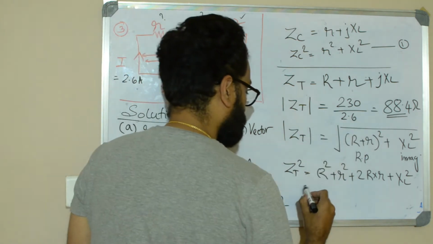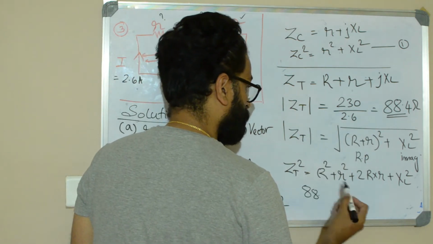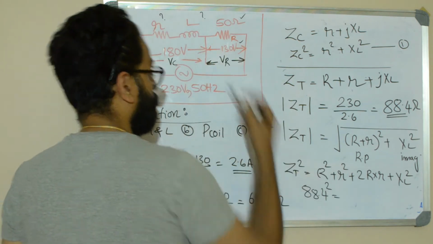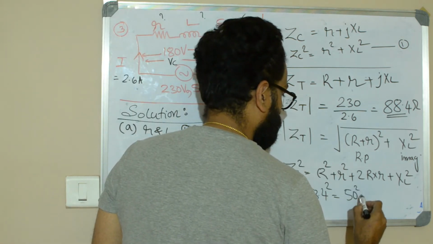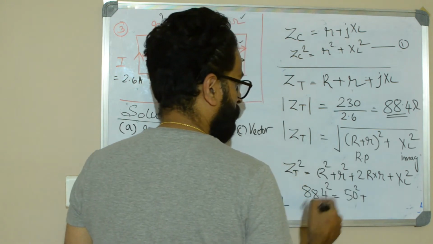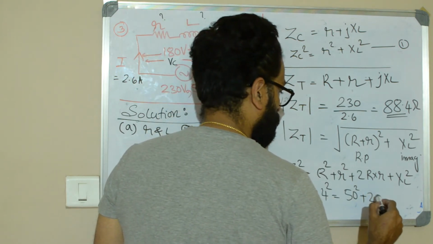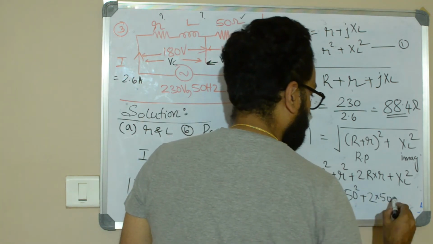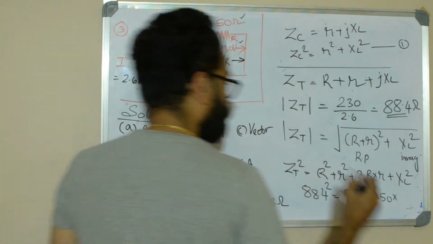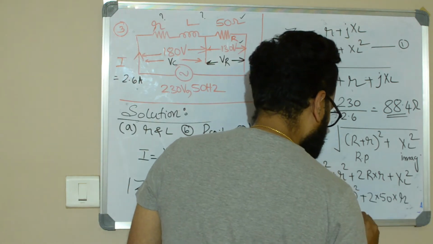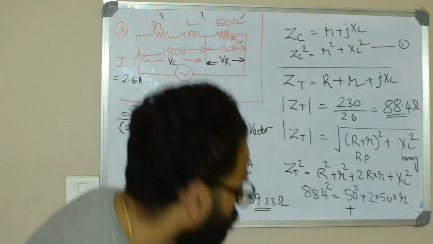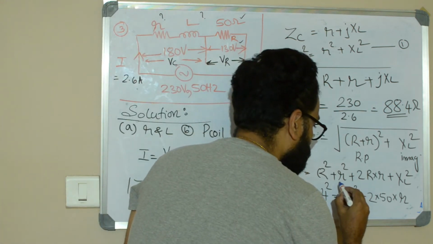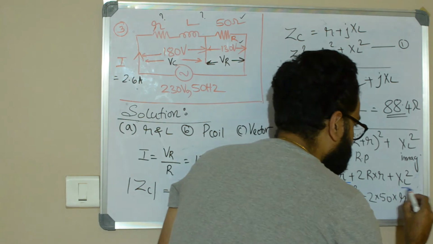Or you can substitute the values. Z total is 88.4 square is equal to R square, that is 50 square, plus 2 into R, that is 50 into small r, which is unknown, plus, this is what I was pointing out earlier, you see this, r square plus XL square.